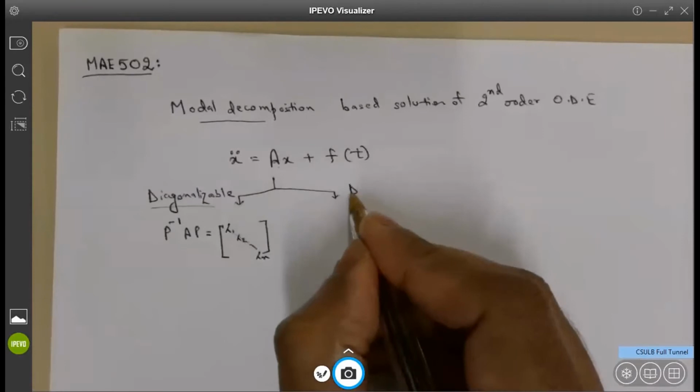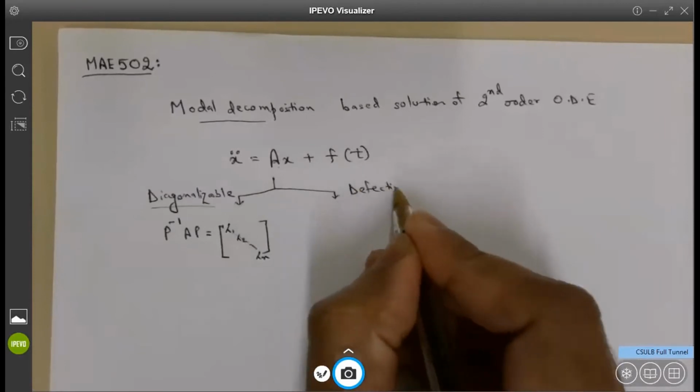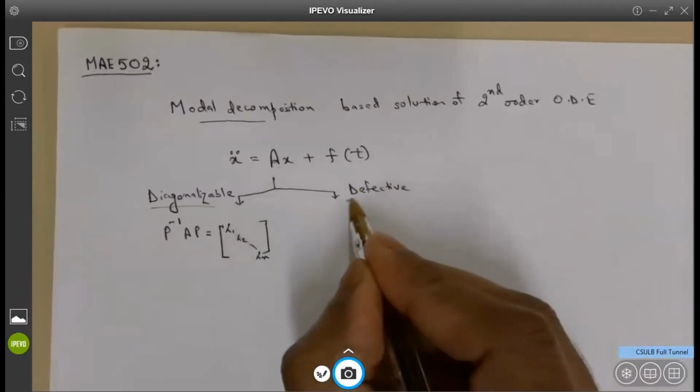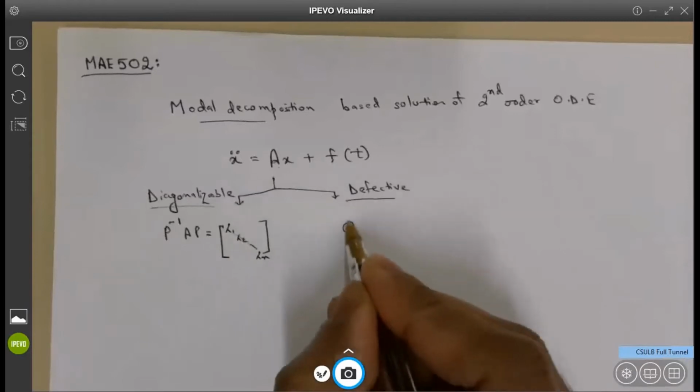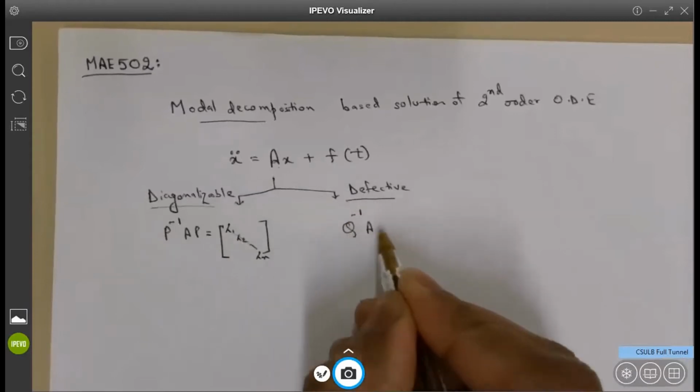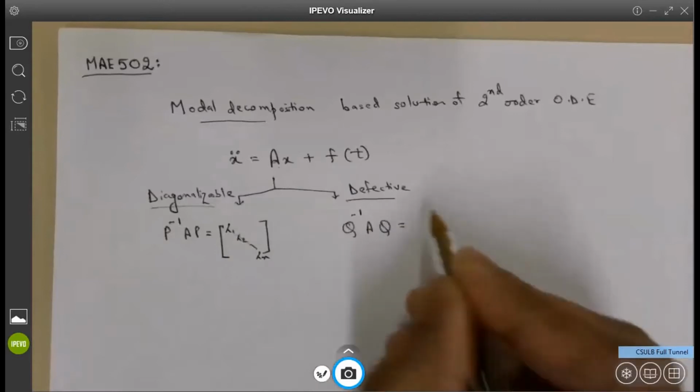Or if it is a defective matrix, that means it does not have all the distinct eigenvalues, then we get a matrix Q, and where we know what Q is and what P is.